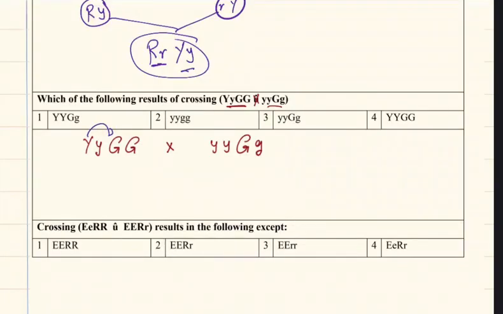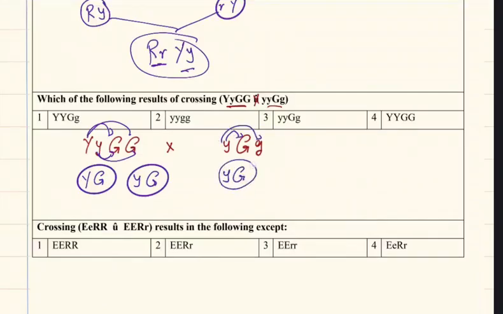The first with the first is going to be Y capital, G capital, and the first with the second the same. The second with the first, Y small, G capital, and this will be the same here. If you have 2 same gametes, just delete 1. This is the first gamete and this is the second gamete: Y capital G capital, Y small G capital, Y small G small.